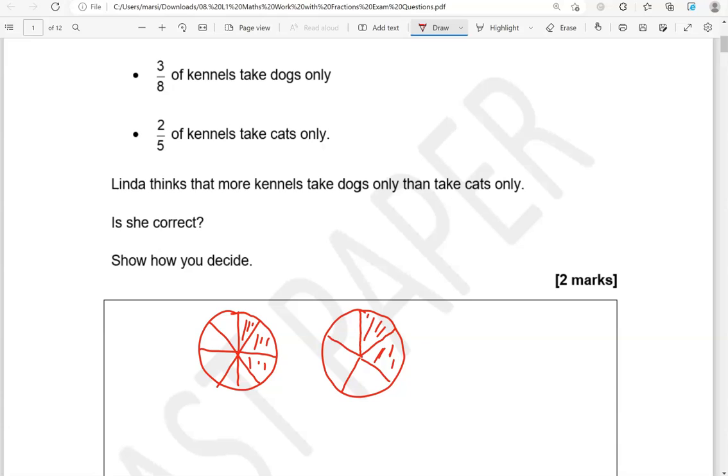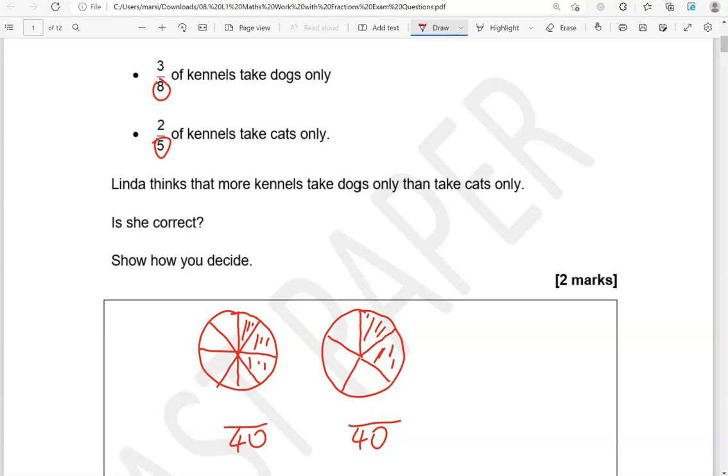So we've got the first one being cut into 8 and the second one being cut into 5. What could be a number that they have, or a multiple that they have in common? That could be 40, because 8 times 5 is 40.